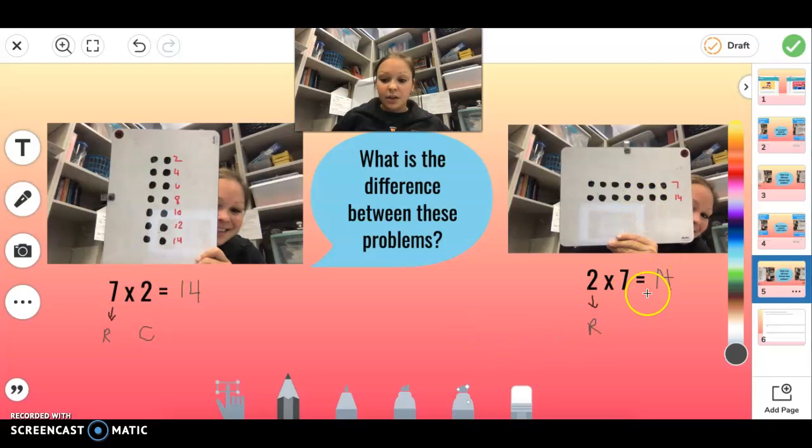And over here, the 7 represents the number of columns. 1, 2, 3, 4, 5, 6, 7. So again, 7 times 2 equals 14, and 2 times 7 equals 14. But my factors are just flipped because I rotated my board to make my rows and columns switch.